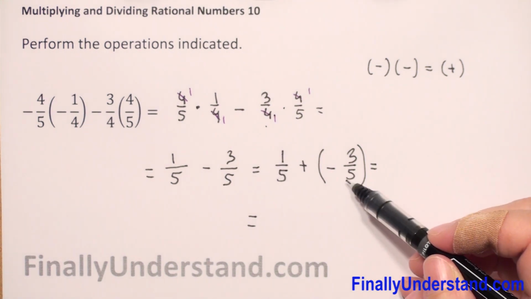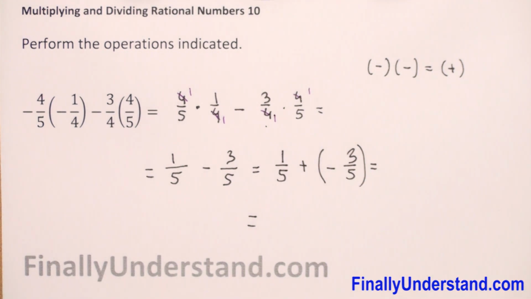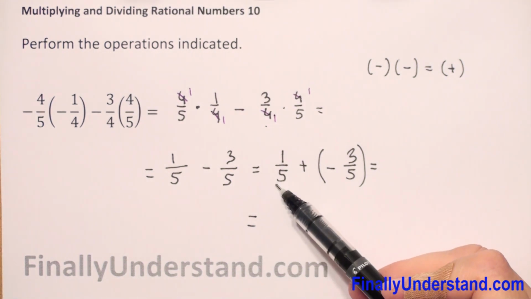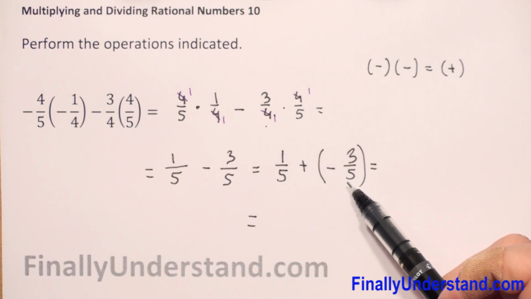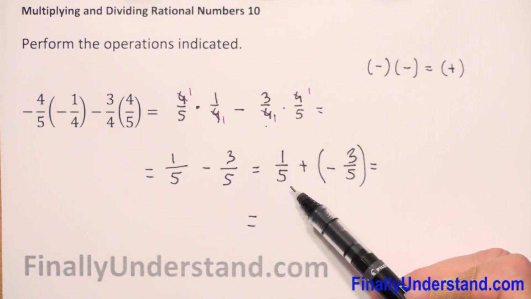And now, when we have addition of fractions, so we can say rational numbers, one positive and one negative, we use the same rule as for addition of integers when we have one positive and one negative number. First we check which of these two numbers is greater. 3 over 5 is greater than 1 over 5.